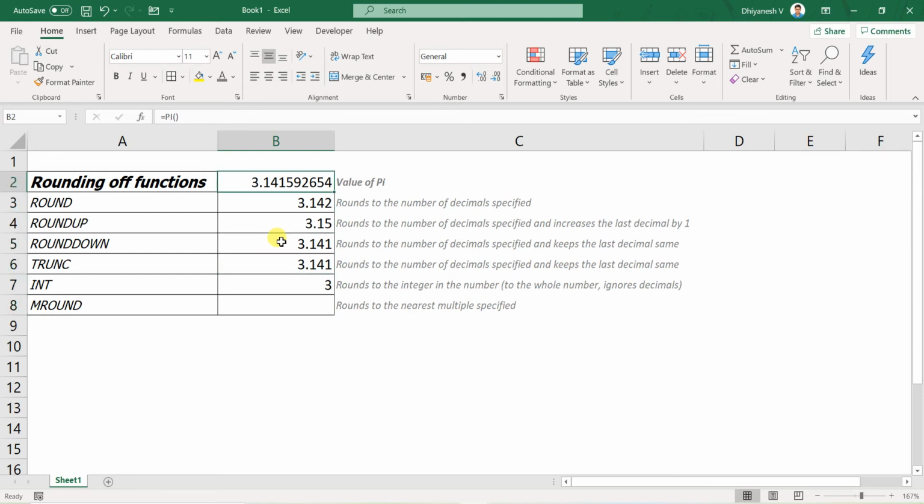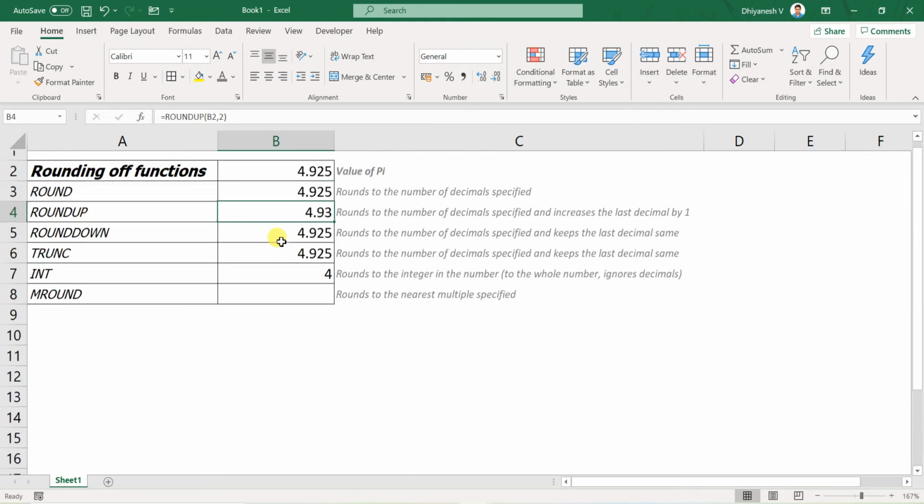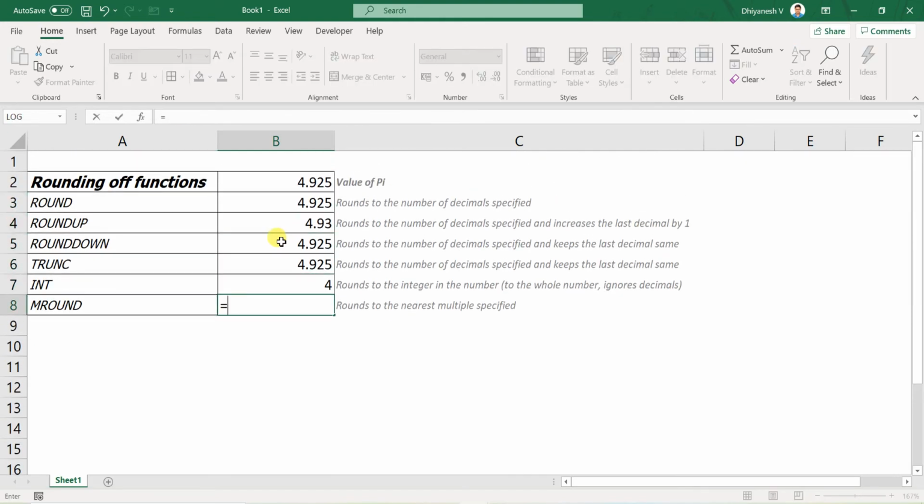Say I have something like 4.925, right? Now as I said, I will just round this with the multiples of 9. So mround, the number, comma, the multiple. So I want the nearest multiple of 9 for this number.